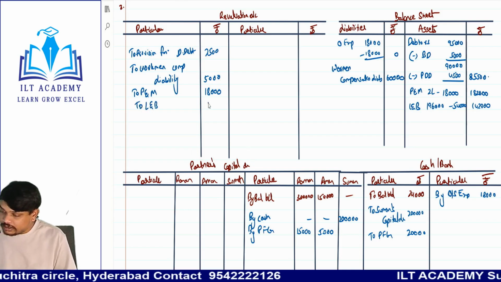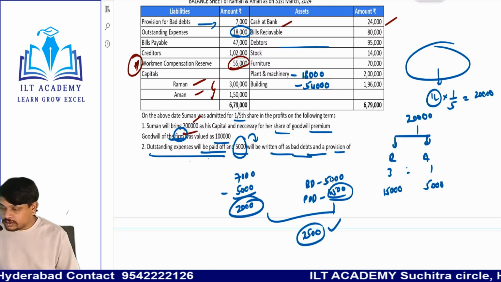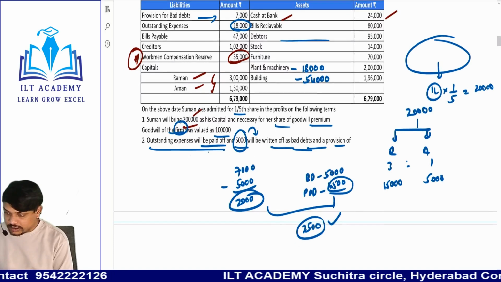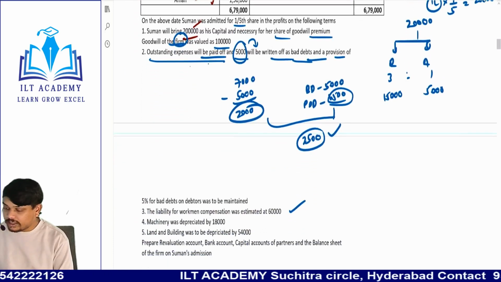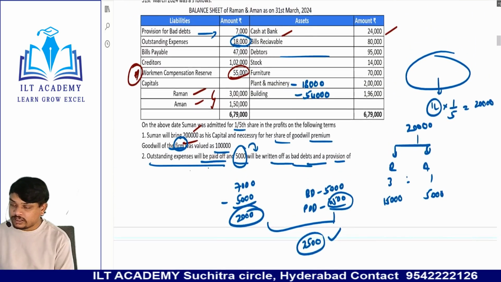Do we have any adjustments? Done. Revaluation account, partners' capital account, cash. Perfect.